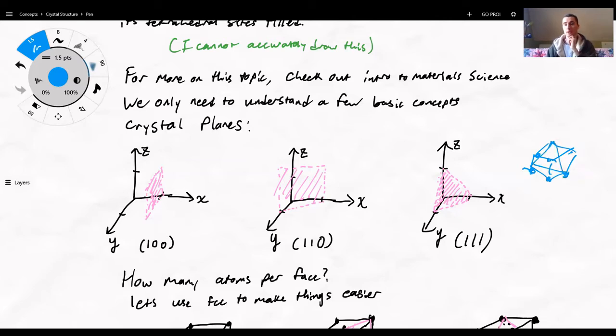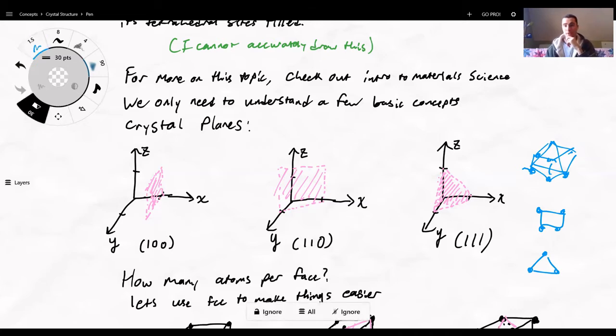What if it terminates in a 1, 1, 1 face? So now, instead of having a square repeating unit that's contacting your air or vacuum or whatever your interface, now we have this triangular thing, which is going to repeat over and over again. So that's going to look different. That's going to be a different surface that's facing out.